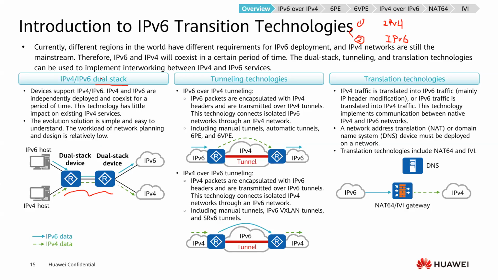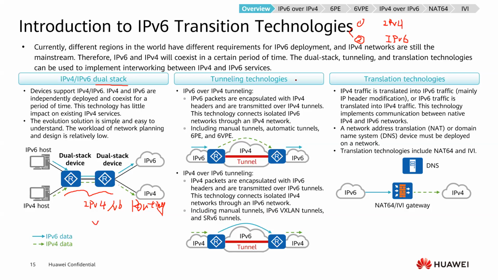As usual for dual stack, we will use IPv4 and v6 routing, such as OSPFv2 and v3, IS-IS for IPv4 and IPv6, and BGP4 and BGP4+. So we will not mention it again in this slide.